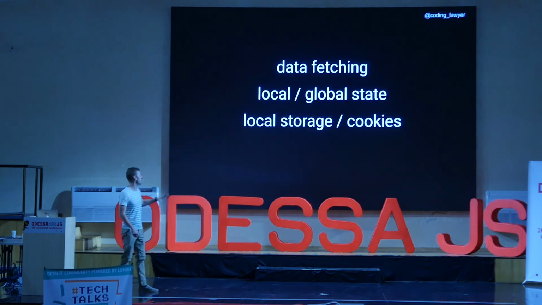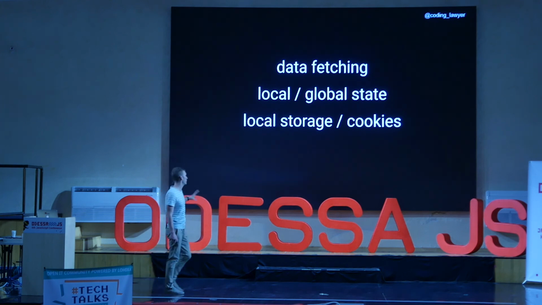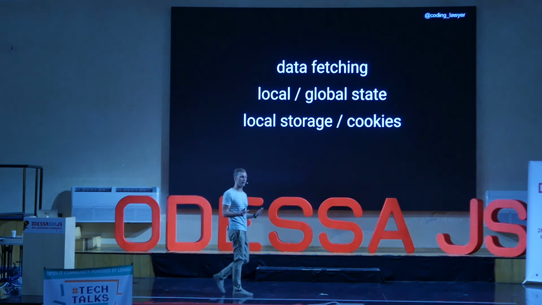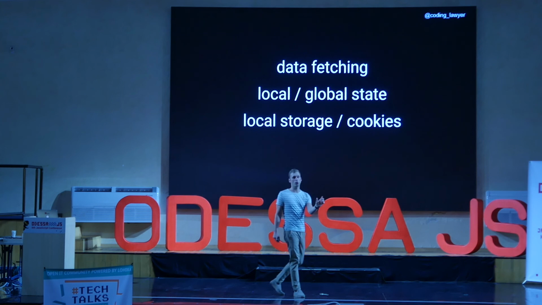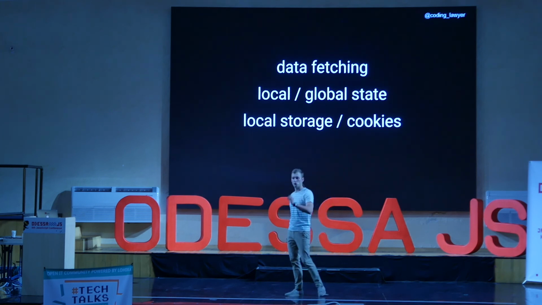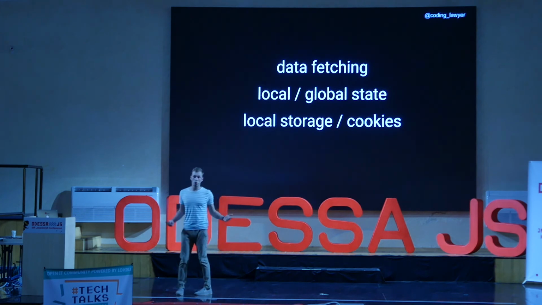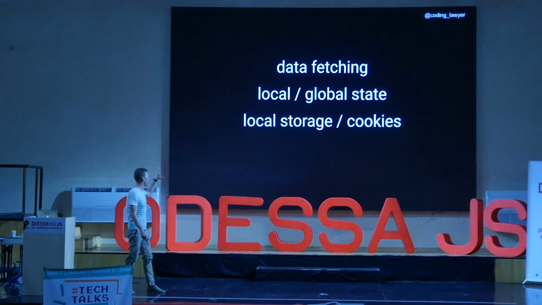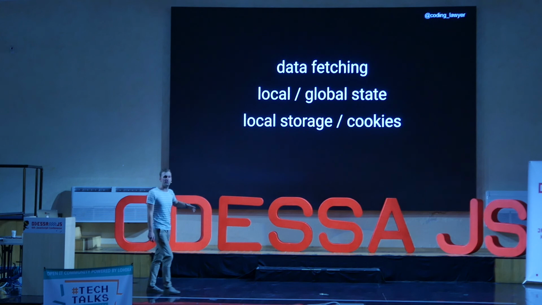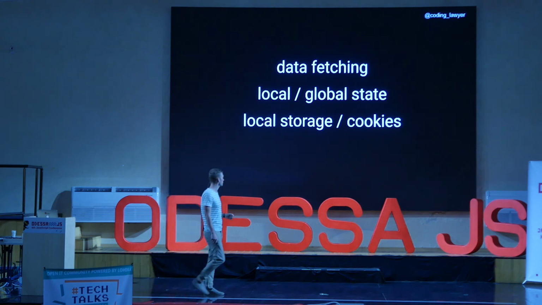For example, we use higher order components for data fetching. We have a higher order component, and we pass some configuration parameter to it, telling it what kind of data from the server we want. And when our component renders, the higher order component will take care that this data is available to us.